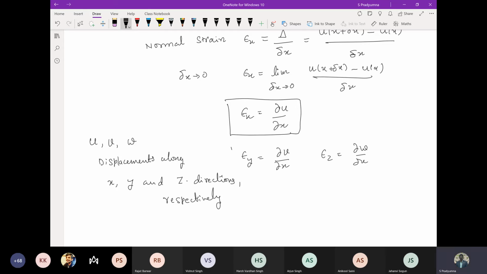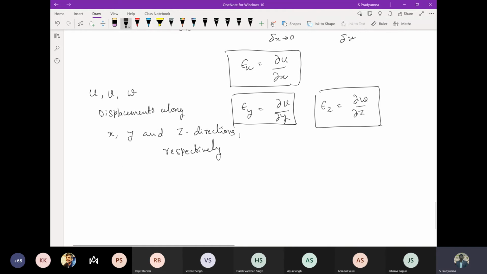Okay, so based on that definition, if you know the displacement, its gradient about, sorry, I made a mistake here, del y and this is del z. So these are the normal strain components, and similarly we can also derive the differential equation for the shear strain in terms of the coordinates. So let us do that.